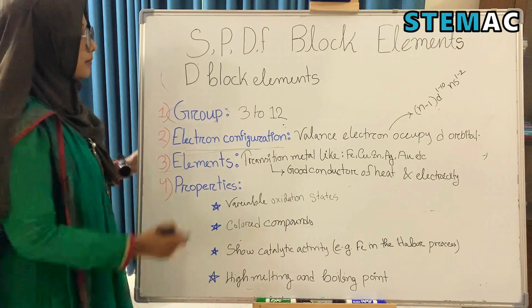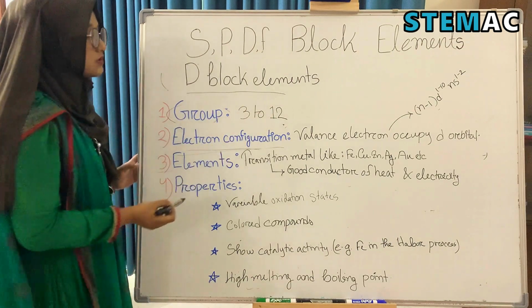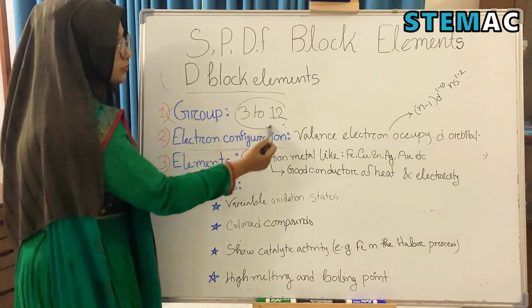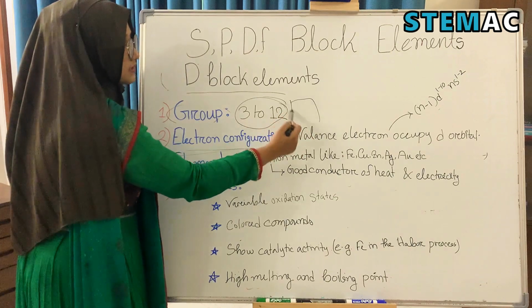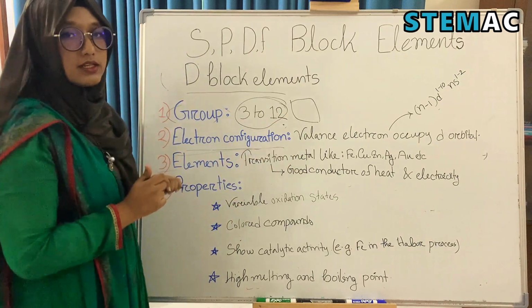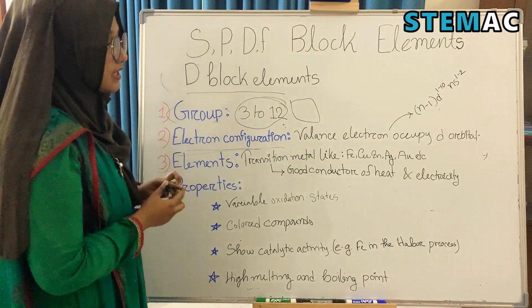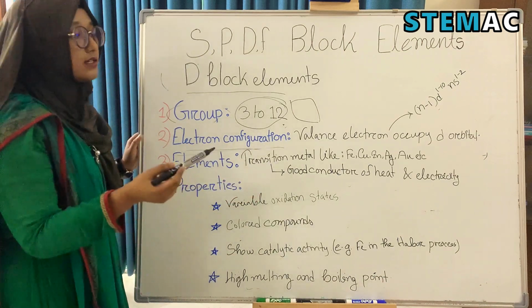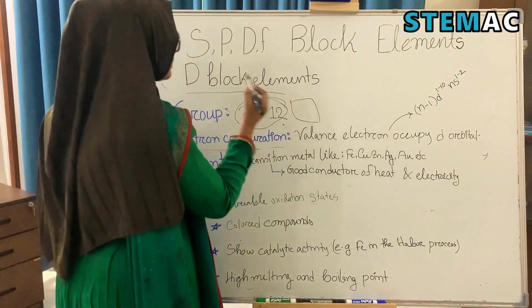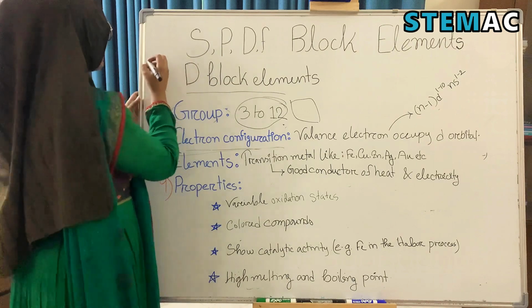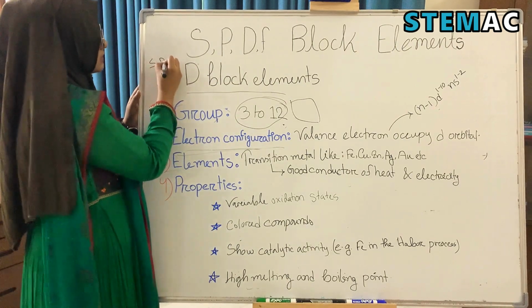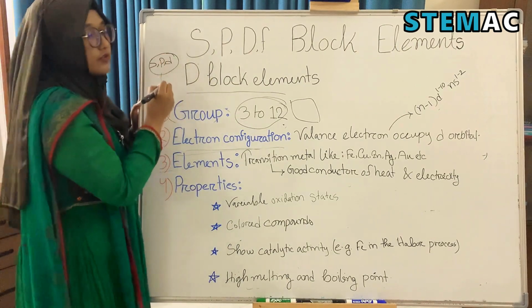Now we're going to talk about d block elements, which are present in groups 3 to 12 in those boxes. For the electron configuration, the valence electrons occupy the d orbital. That means they have s, p, d in their electron configuration.